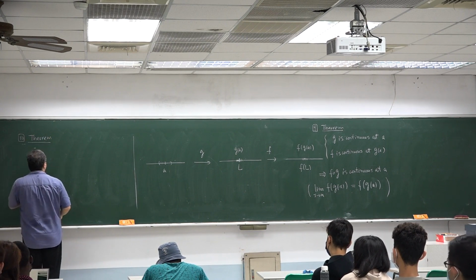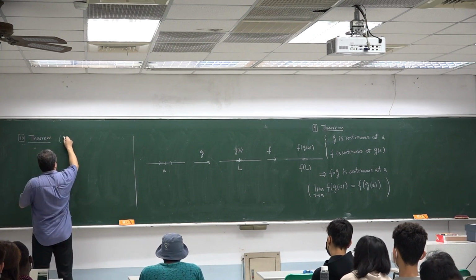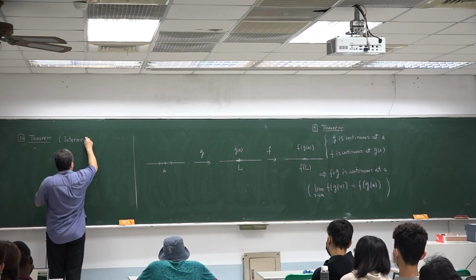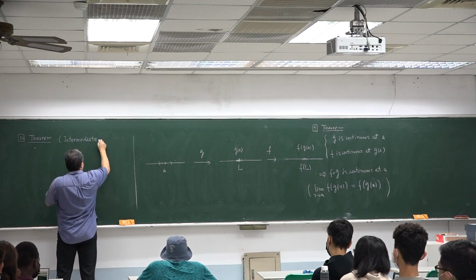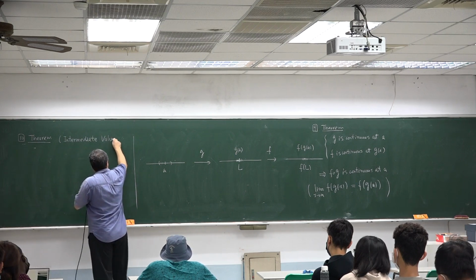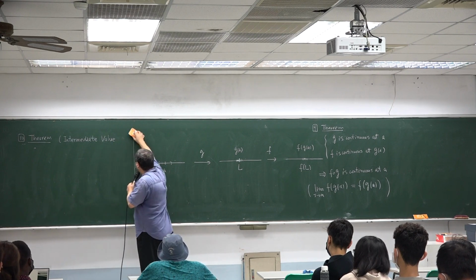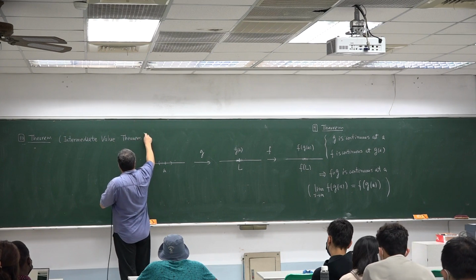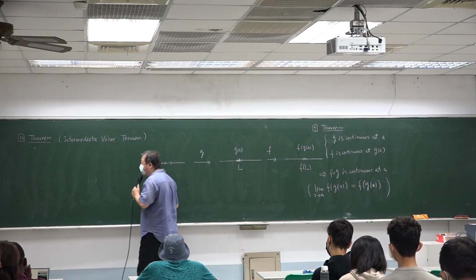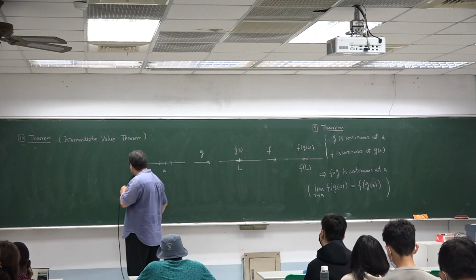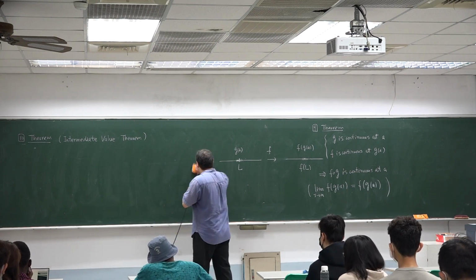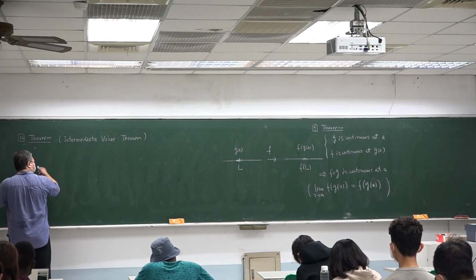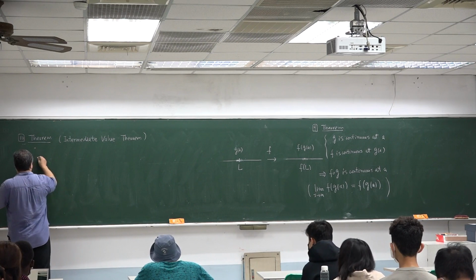has a name, called the intermediate value theorem. The condition is maybe only one condition.